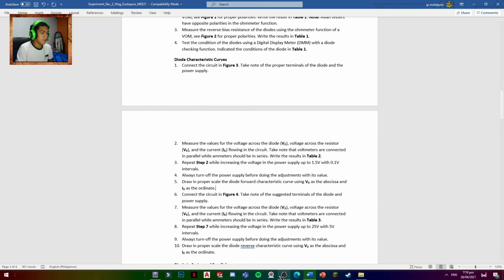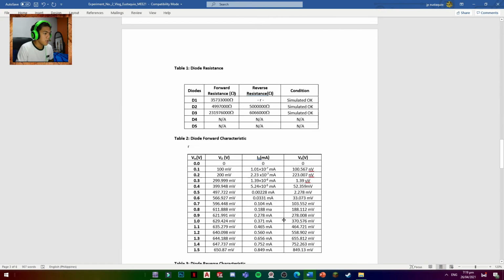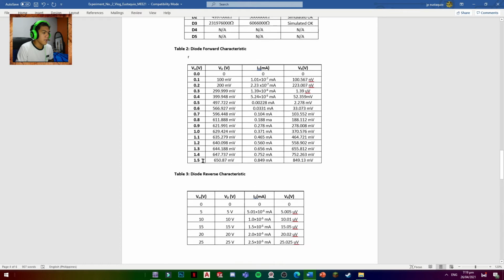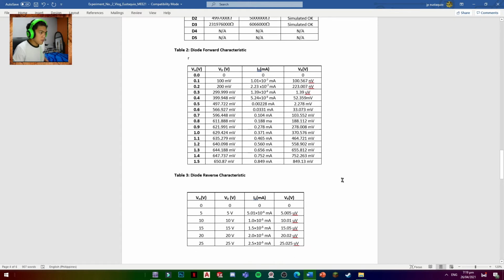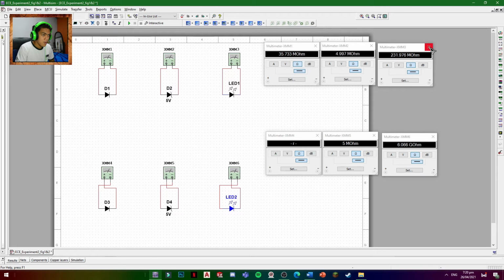So let's go to Tables 2 and 3. But before looking at Tables 2 and 3, I'm going to show you the simulated circuit figures of figures 3 and 4.